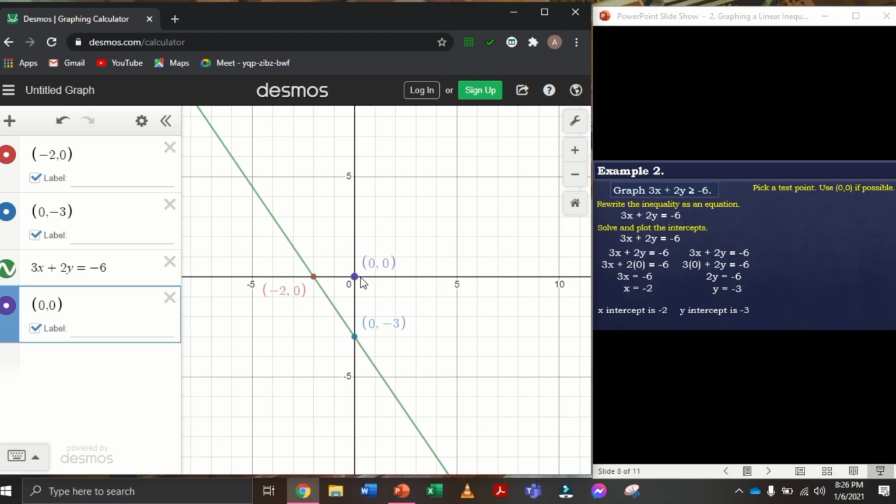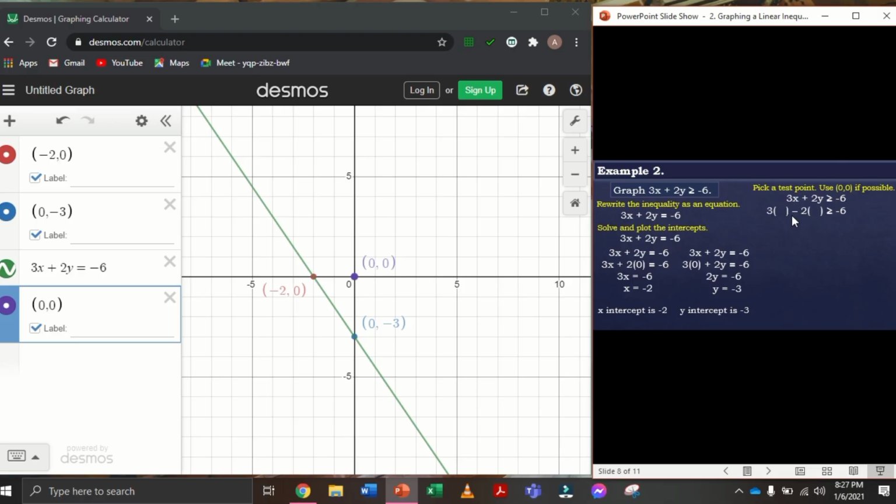Now, kailangan tingnan natin kung true or false. Kapag true, ibig sabihin, ang shaded region natin kasama yung test point. Pag false, ang shaded region natin hindi kasama yung test point. Dito tayo sa kabilang side. Okay? So, let's check. Copy natin yung ating given 3x plus 2y is greater than or equal to negative 6.